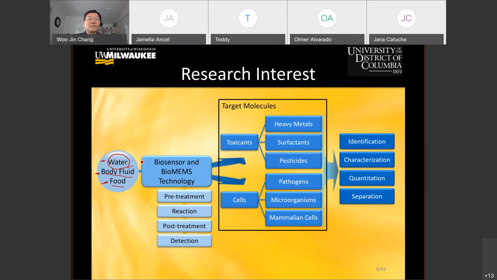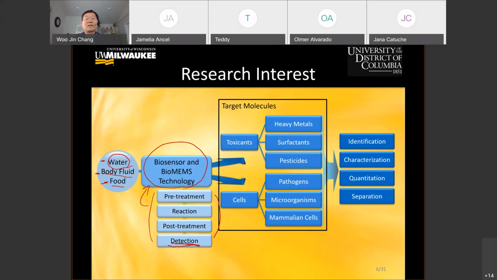And I want to apply this biosensor and biomems technology so that the process required to treat the sample until we obtain the quantity of the target molecule can be integrated in a single device, so that the user does not need to do many things. Just the device can do everything. So the user can just drop the sample, then the user can get the result. So that is my goal.